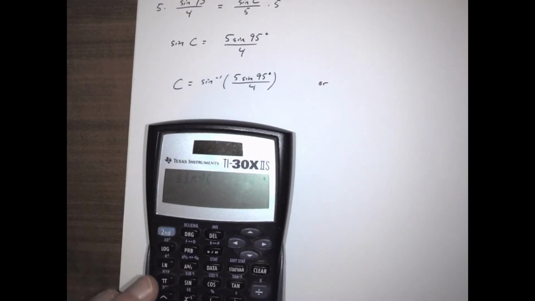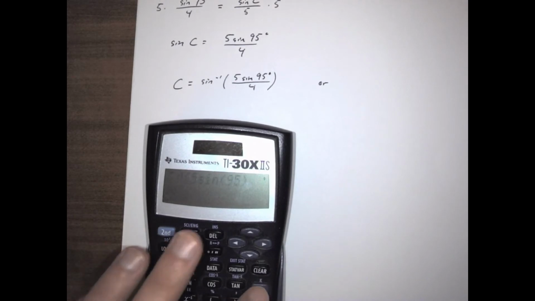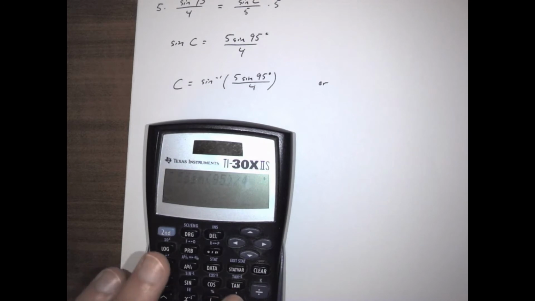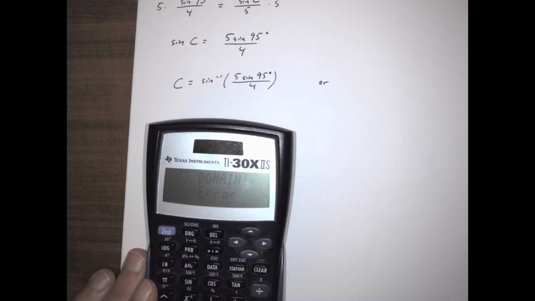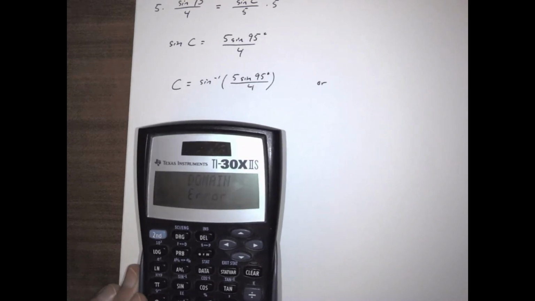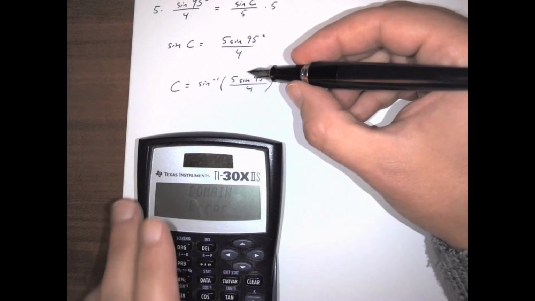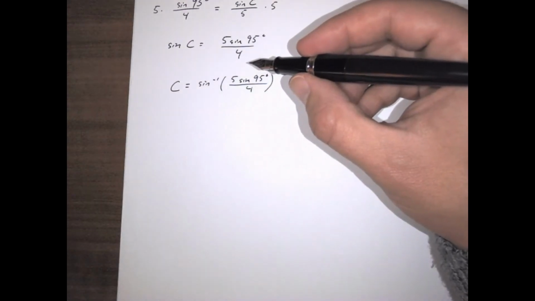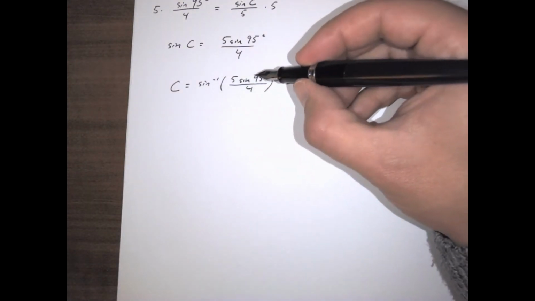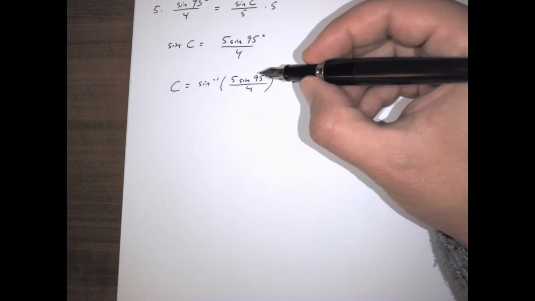So sine inverse, 5 sine 95 divided by 4. Let's just see what we get here. Domain error. What does that mean? What that means is we tried to take the inverse sine of something that was not in the domain of the sine inverse. So that means this number was bigger than 1, which means that this is impossible.